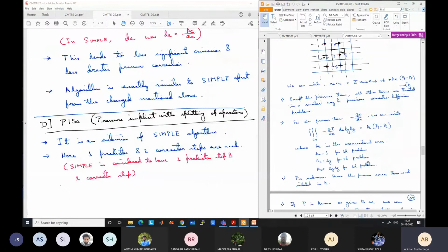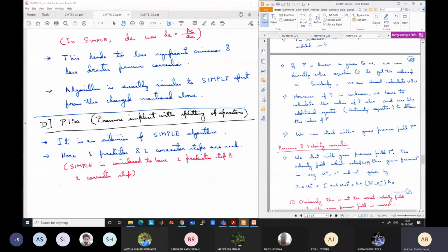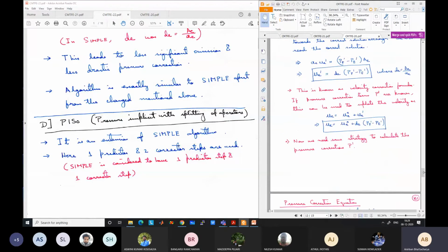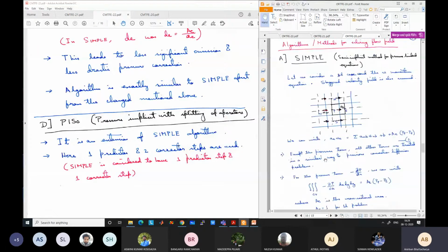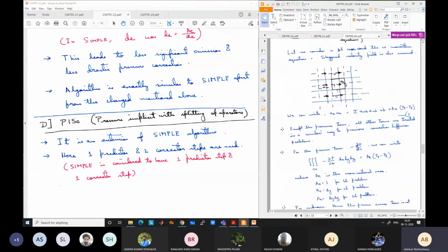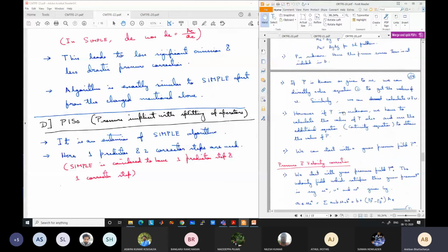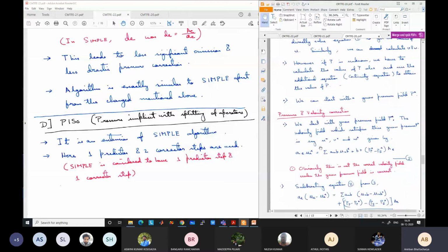What is this predictor step and what is the corrector step? When we assume a gauge pressure field in SIMPLE and solve the momentum equation, you get the star values, some velocities which are not correct unless the gauge pressure is correct. In case by luck, like a lottery, you guess the pressure correctly, then the velocities will be correct.